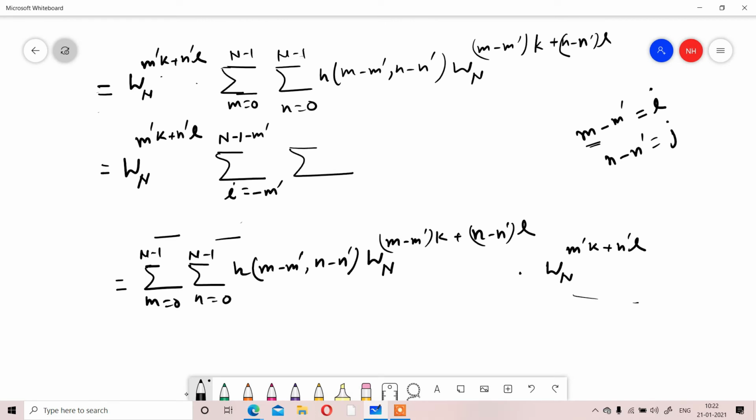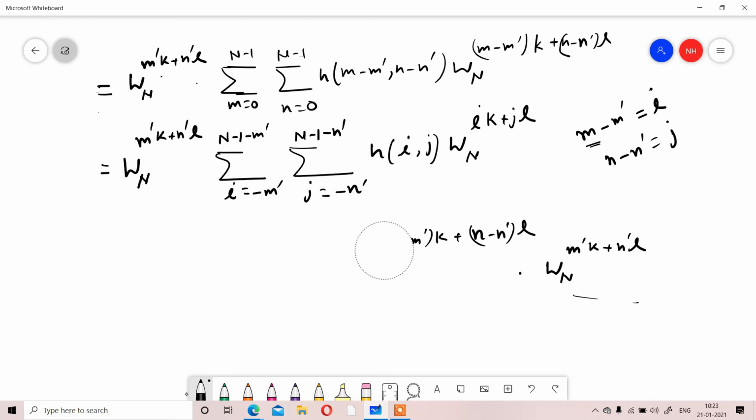Similarly, j equal to minus n' to N-1 minus n', h of (i, j) W_N of (ik plus jl). So simply this is the mathematical step.